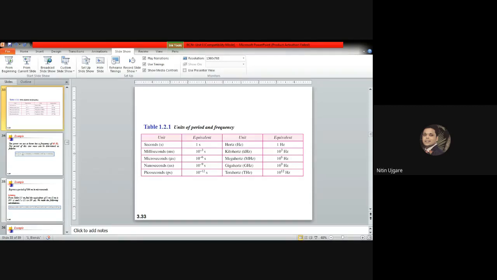Now we're supposed to calculate the period of a sine wave which has the frequency 60 hertz.